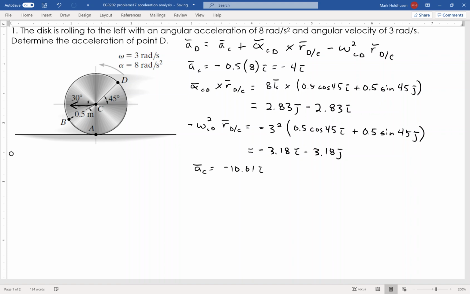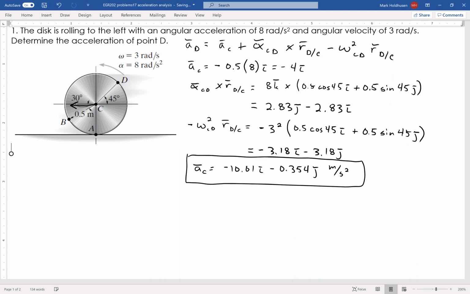Adding up my J's, I have the 2.83 and the negative 3.18, which gives me a negative 0.345 in the J direction. Of course, this is going to be meters per second squared, which is what the answer is.